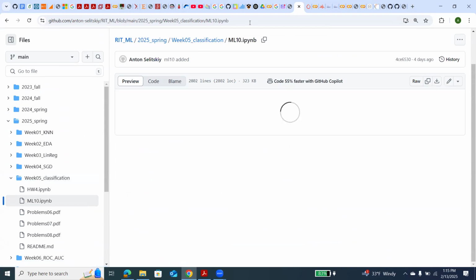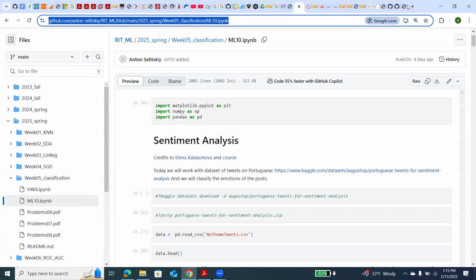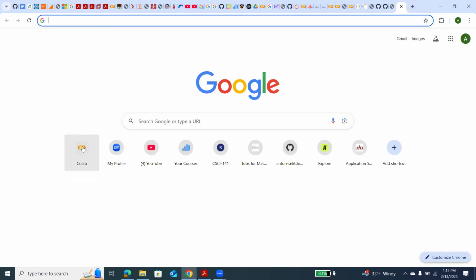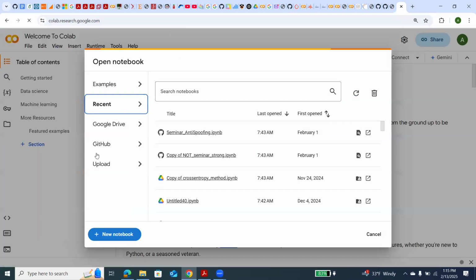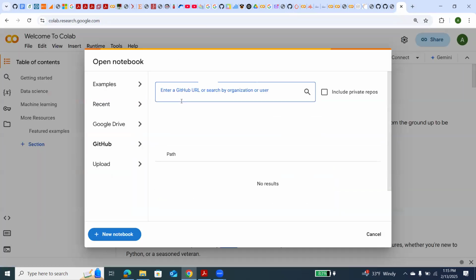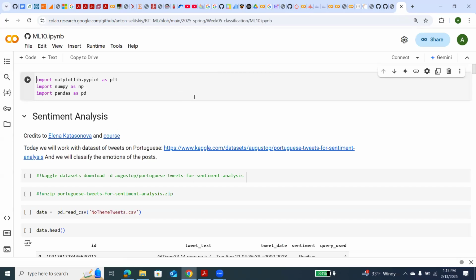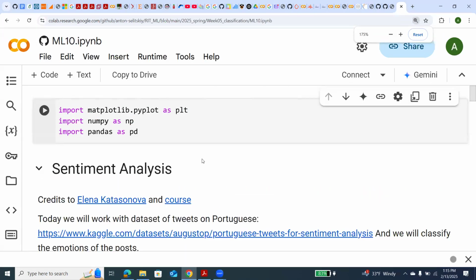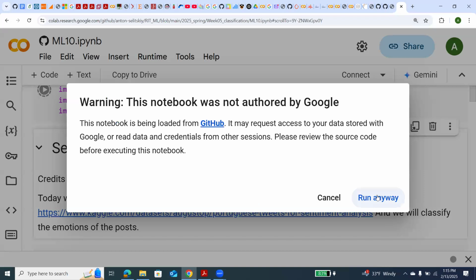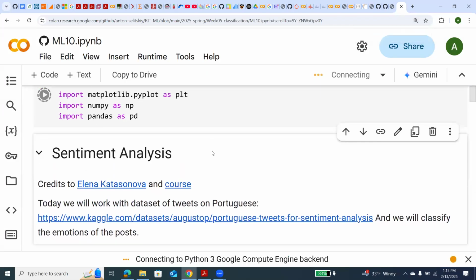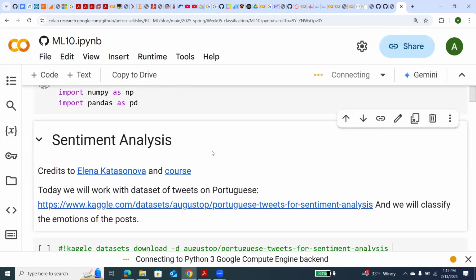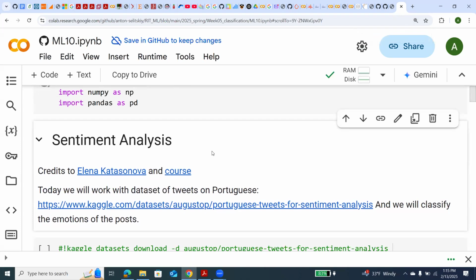ML10 notebook. So we'll work with tweets, and we will classify these tweets by sentiment.